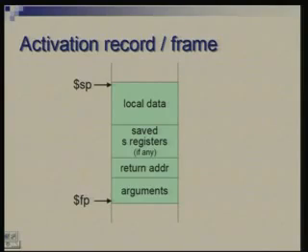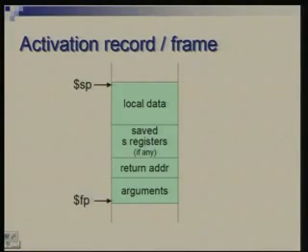As nested calls occur, you build these activation records, or frames, in the stack, and typically the stack pointer will point to top of the activation record, and the other register FP, called frame pointer, points to the beginning. It could point to the first location here, or maybe the last location of previous activation record.